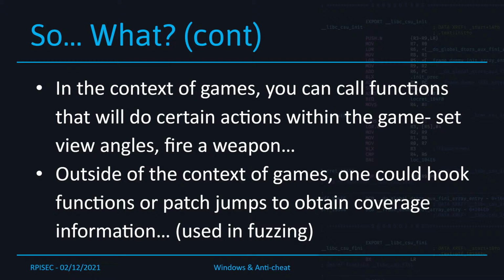Now, outside of the context of games, there's also some interesting stuff here, because this is not the whole premise, but a decent chunk of the premise of things like fuzzing and program analysis, especially dynamic instrumentation of programs. I believe we talked about that a little bit in the fall. So what we're doing in both cases here is inserting our own logic into the program to either help us get those sick aces in Counter-Strike, or to help us understand which functions are getting called and in what order. So, two sides of the same coin here.